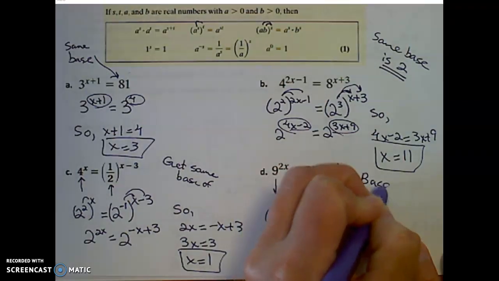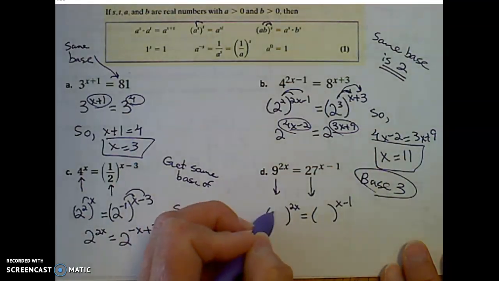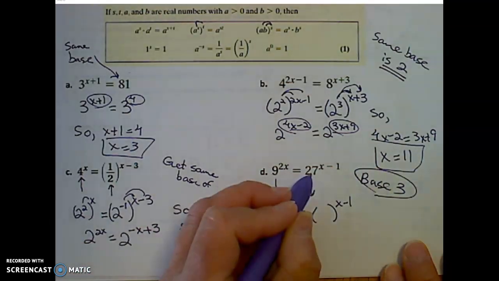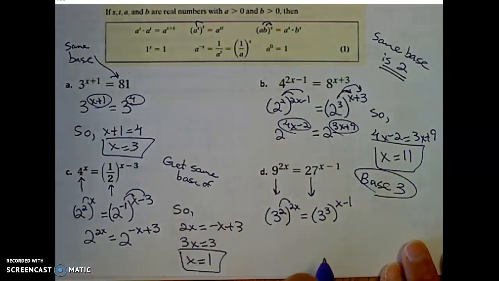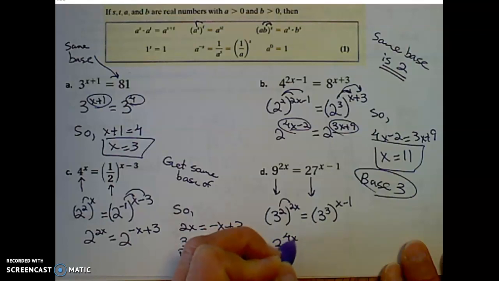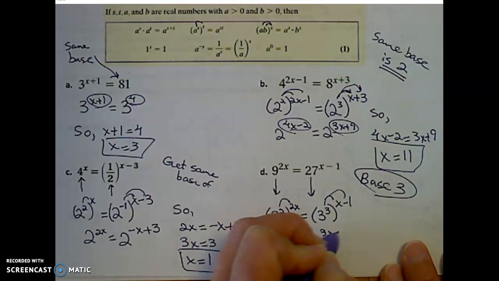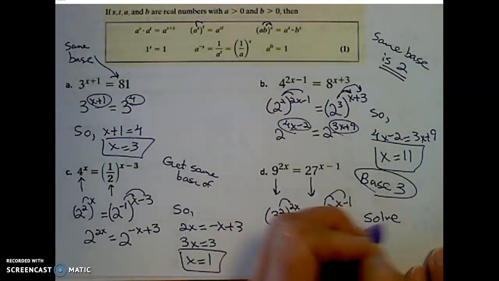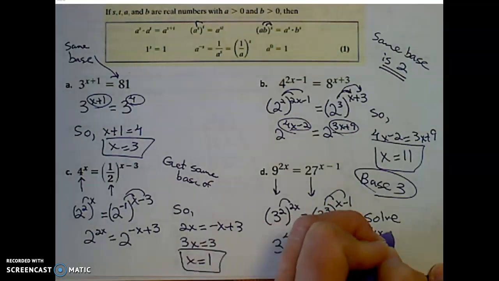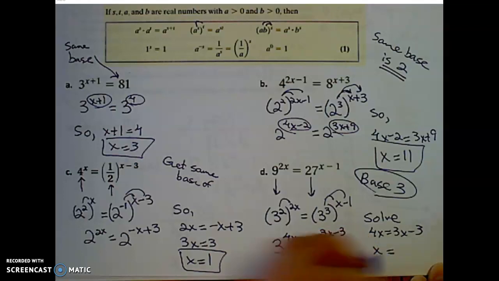I can rewrite both of those with a base of 3. 9 is 3 squared, 27 is 3 to the 3rd, multiply, becomes 3 to the 4x, is equal to 3 to the 3x minus 3. And once the bases are the same, you can set the exponents equal to each other. 4x is equal to 3x minus 3, and x must equal negative 3.